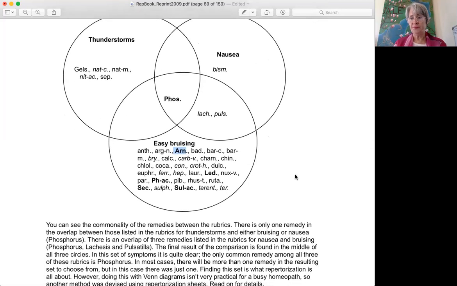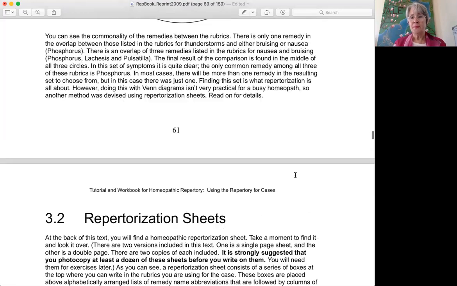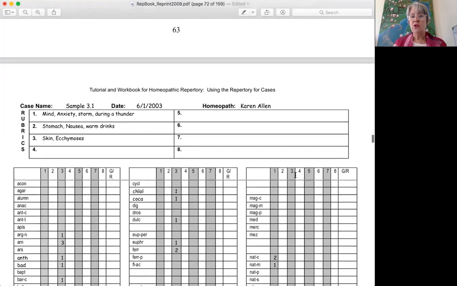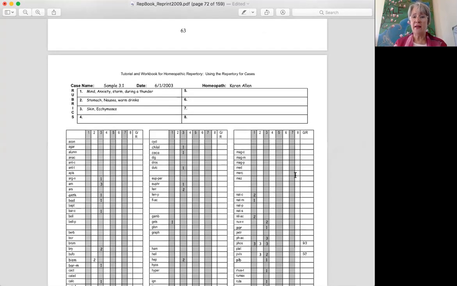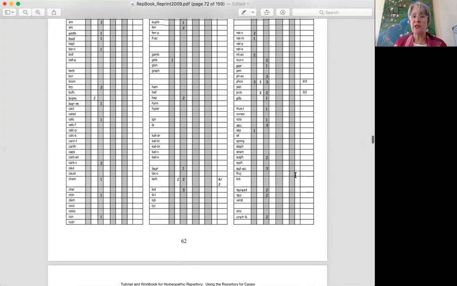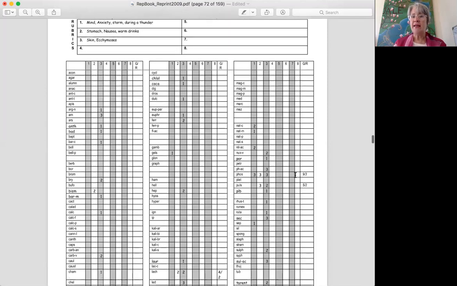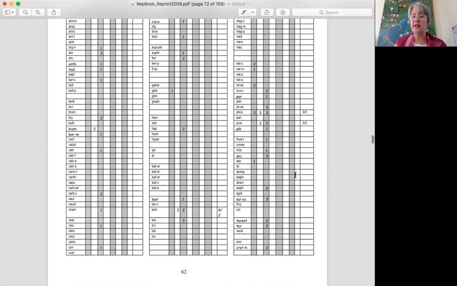Carol? Kristen? So if you don't have software yet, you can use these repertorization sheets in order to work through the cases that we're going to be working on in these sessions, and have a chance to take a look and see. It will help you really develop your skills.